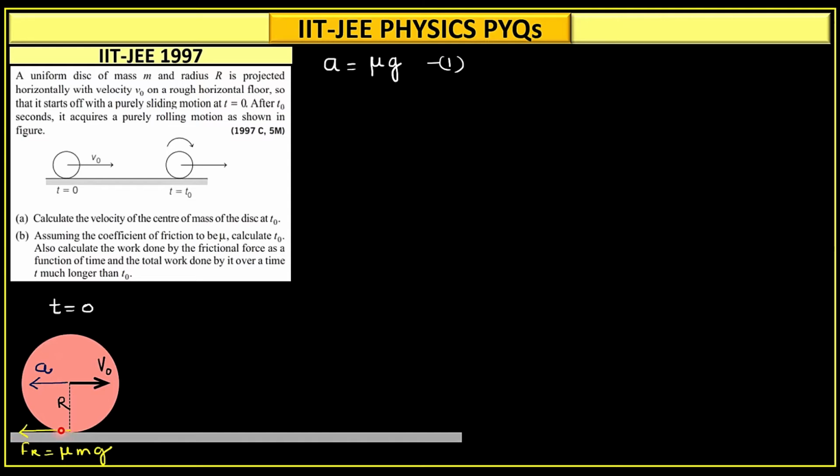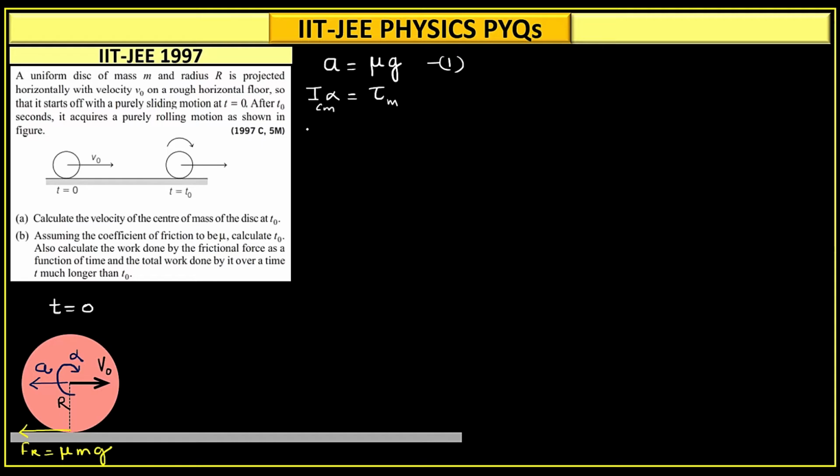This Fk will also provide some torque in the clockwise sense, so that will impart some angular acceleration to the disk. To calculate the angular acceleration, I am using the equation I about center of mass times alpha is equal to torque about center of mass.